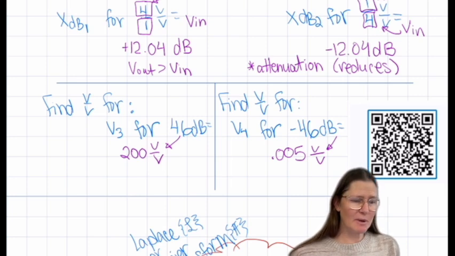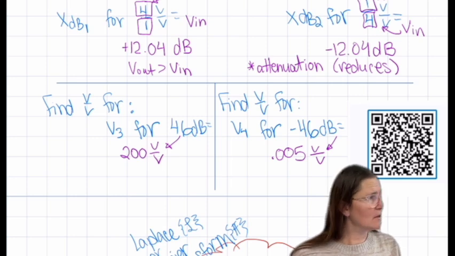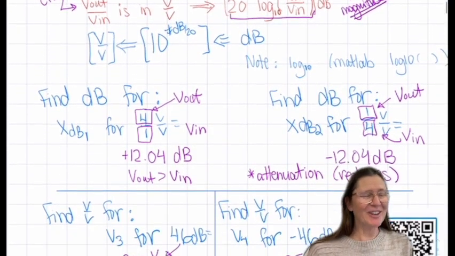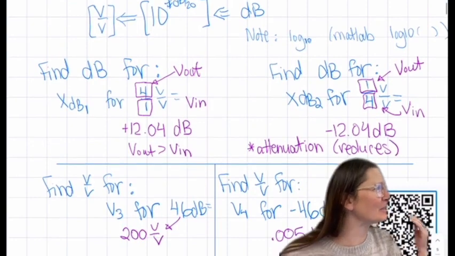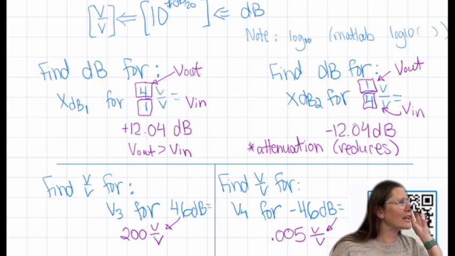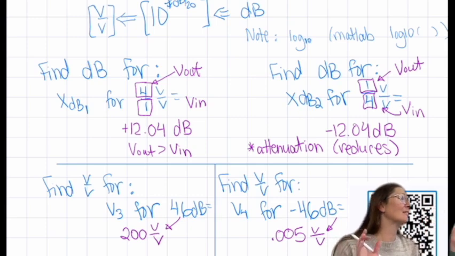All right, questions about conversion, dB to volts per volt? Yes. This is kind of random, but why are the coefficients of the equation 10 and 20? Is there any significance for those numbers? So Alexander Graham Bell, he noticed in his hearing that we hear logarithmically, and so he made the scale.